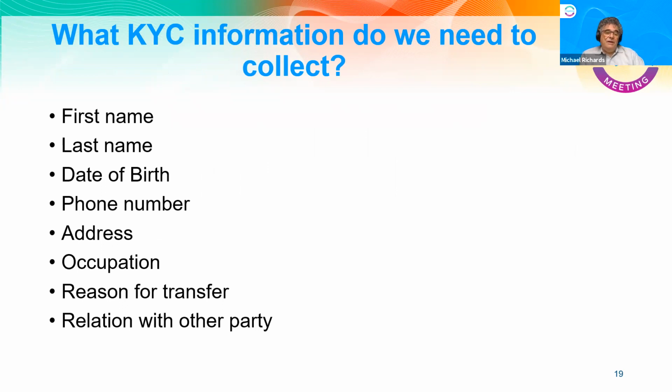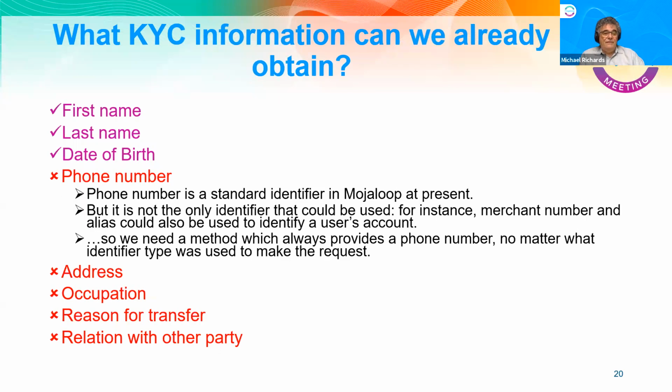Now, what kind of information do we need to collect? Well, typically it might be first name, last name, date of birth, phone number, address, occupation, and at a per transfer level, the reason for transfer and the relation with the other party. When we look at where we currently are on that, we currently provide or can provide first name, last name, and date of birth.